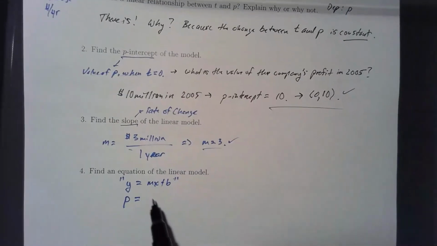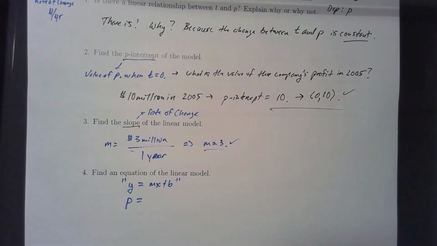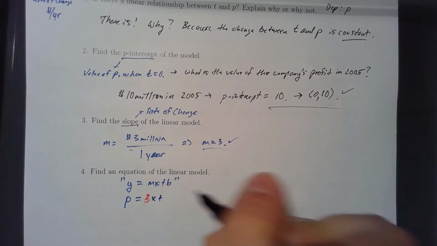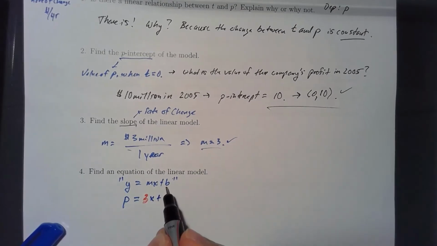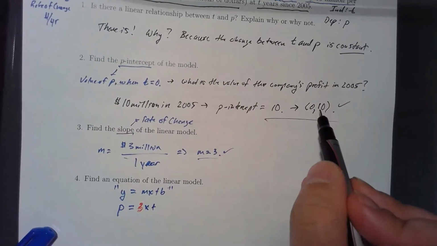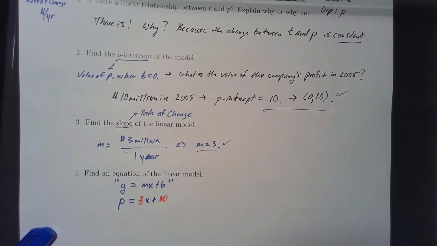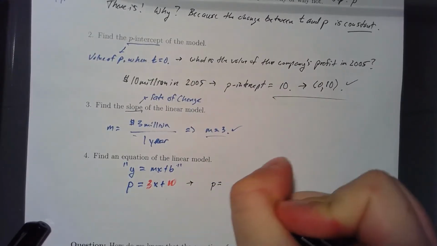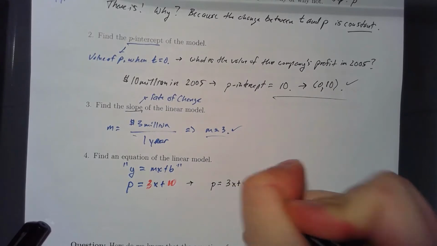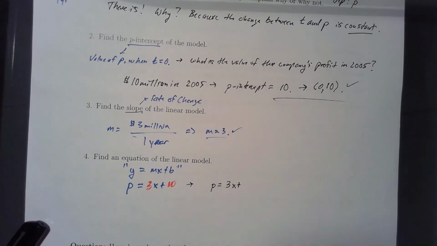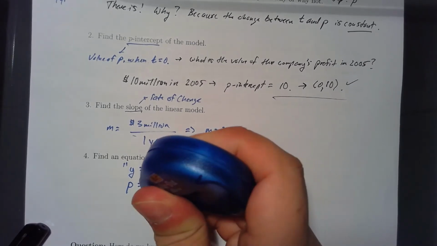So my slope was what? 3, times x, plus my y-intercept, which is my p-intercept. We just did it here. It's 10. Boom. So my equation of the linear model is p equals 3x plus 10. You know what? I should be using t, not x, my bad. It should be 3t.